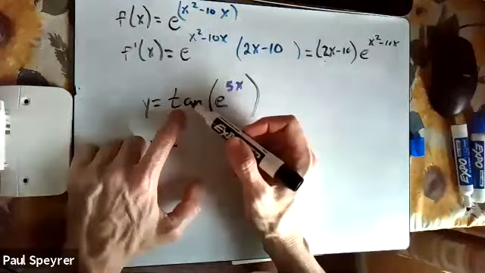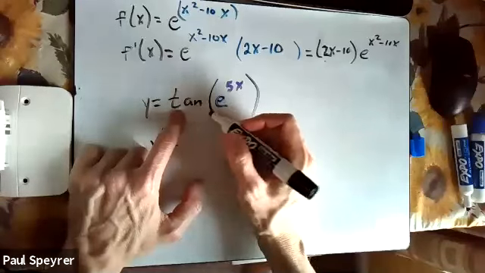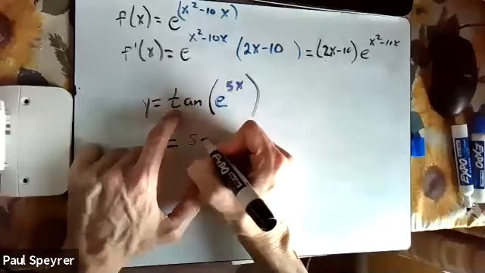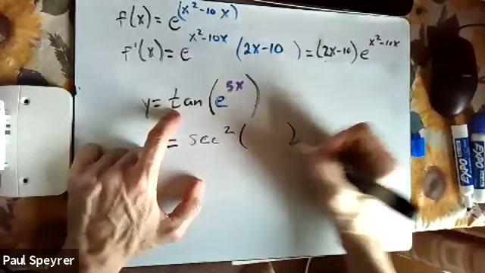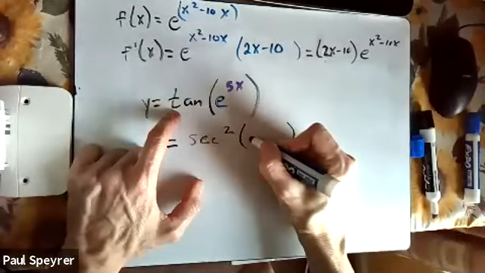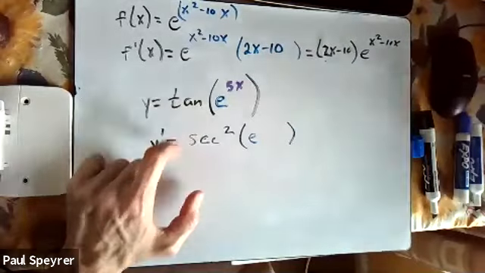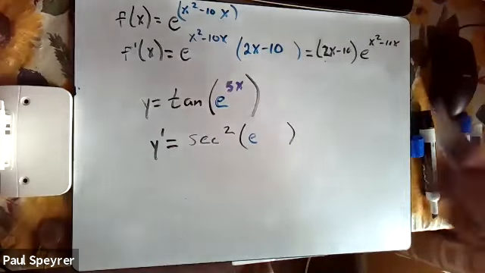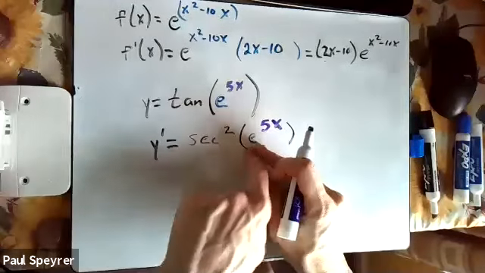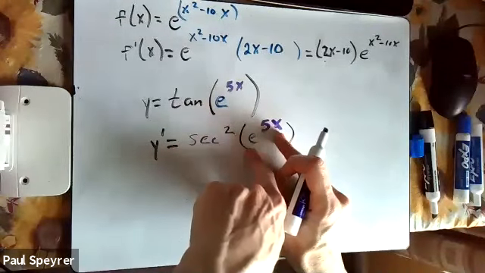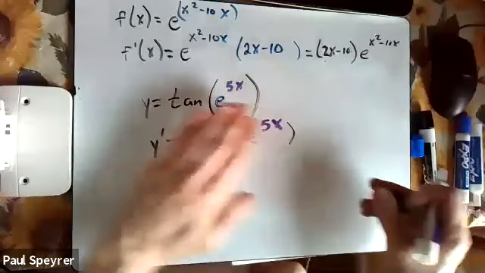So first, we need to take the derivative of tangent. The derivative of tangent is secant squared, right? And everything else is left alone right now. So this is still e to the 5x. Now we need to take the derivative of the e to the 5x component. So remember, you can just block this out.